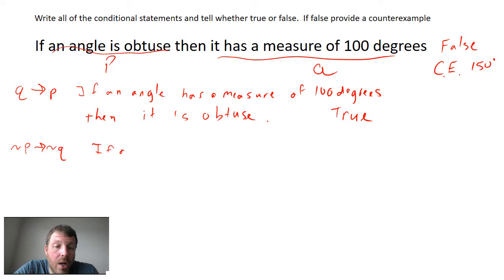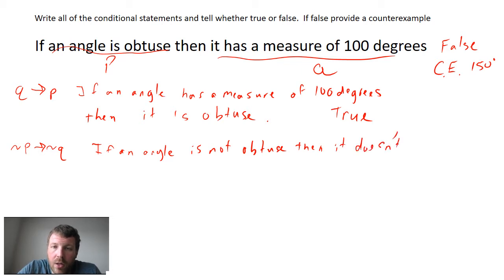So if an angle is not obtuse, then it does not have a measure, right? Excuse my handwriting, it's garbage, I know. So if an angle is not obtuse, then it doesn't have a measure of 100 degrees.